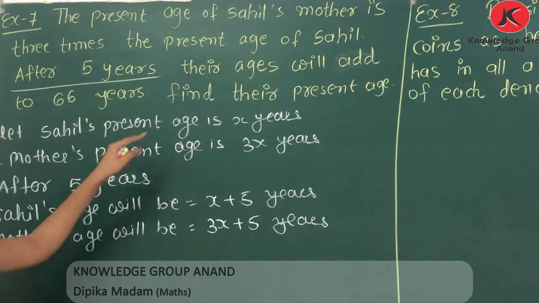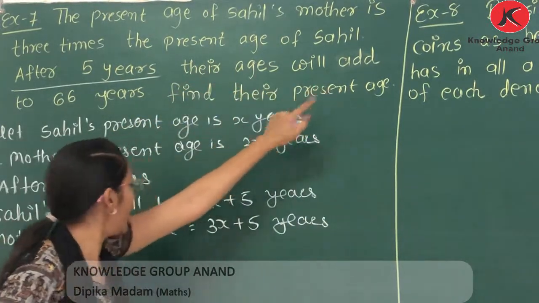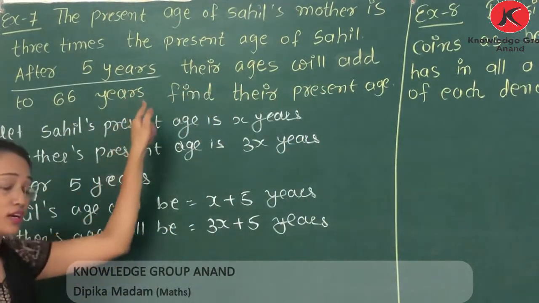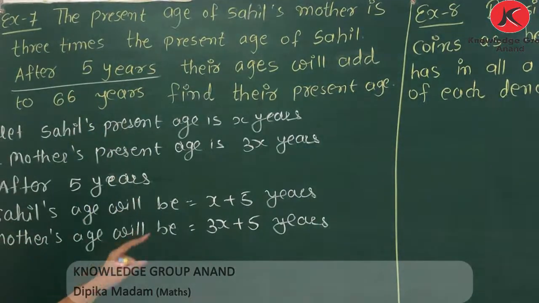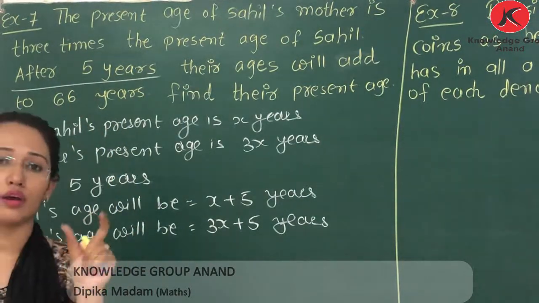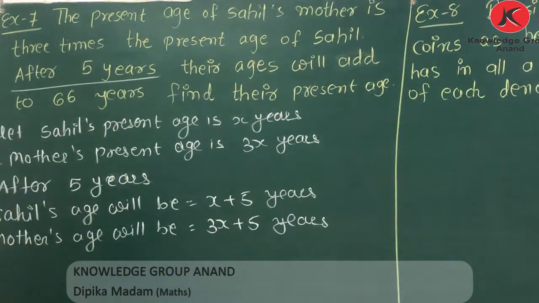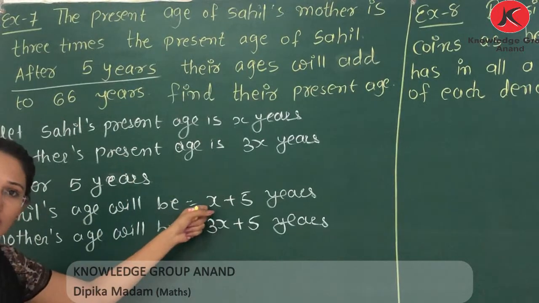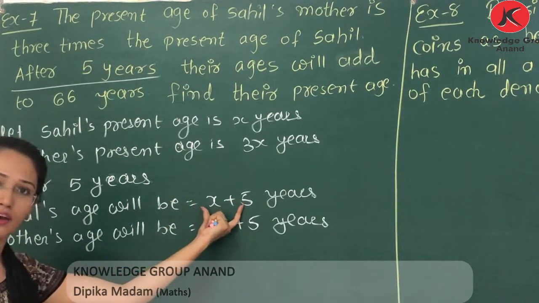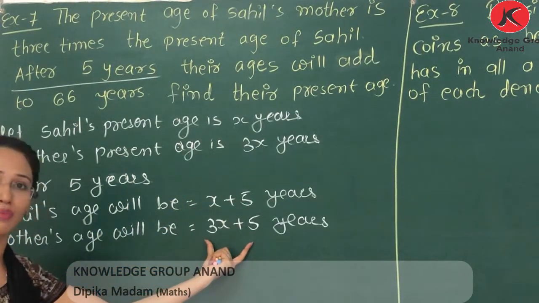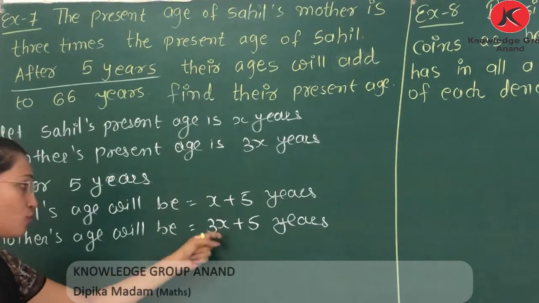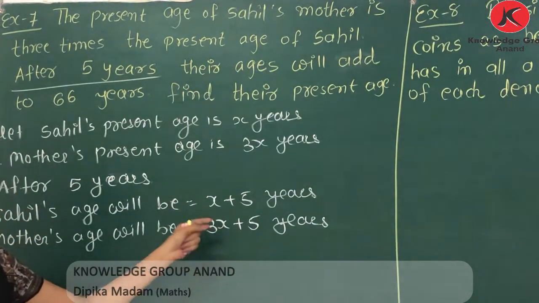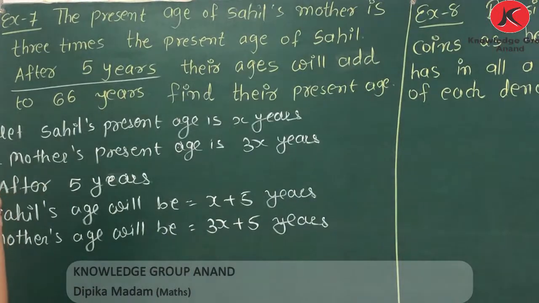Next it is written that the ages will add to 66 years. Means after 5 years, if you add the ages of both of them, the addition comes to 66. Means we need to add these ages. This is the age of Sahil after 5 years and this is the age of mother after 5 years. If you add these two ages, then you will get 66 years.